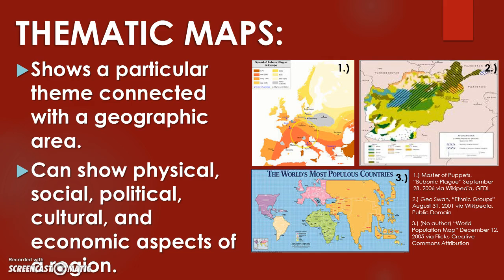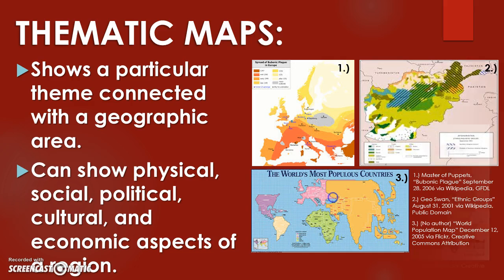And like I said way earlier on, a lot of maps show population. So it shows a particular theme connected with a geographic area, can show physical, social, political, cultural, and economic aspects of a region.